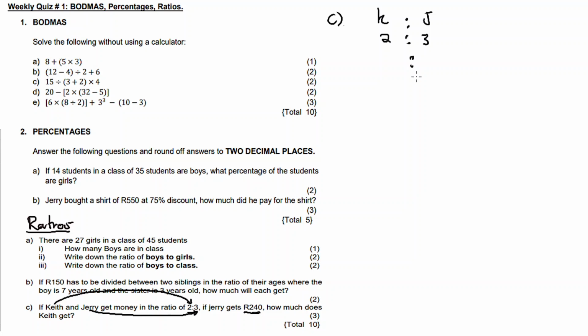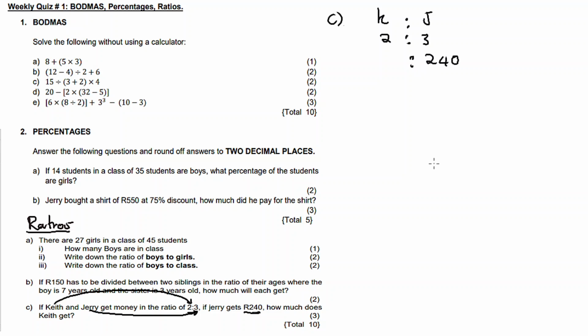Underneath the ratios, we're going to put in the shared amounts. And bear in mind, for this question, we are not given the total amount to be shared, but instead we are given an amount assigned to a particular individual. Jerry gets 240 rand.